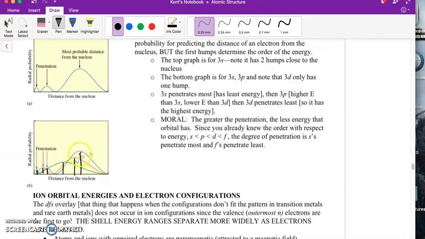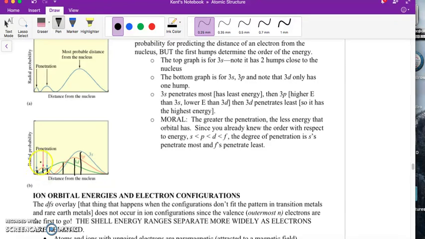If you were to somehow average out all of these humps, I do believe that the math is going to be fairly complicated for it. But we would see that S is slightly to the left over here, and P is slightly to the left of D, S is slightly to the left of P. But it's these humps, these significant portions of these graphs, that account for it.